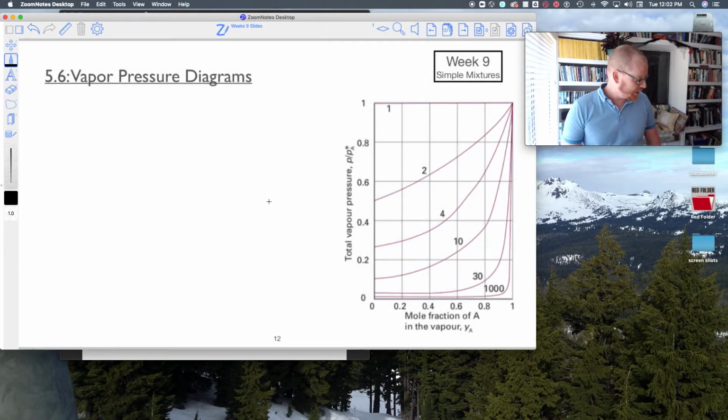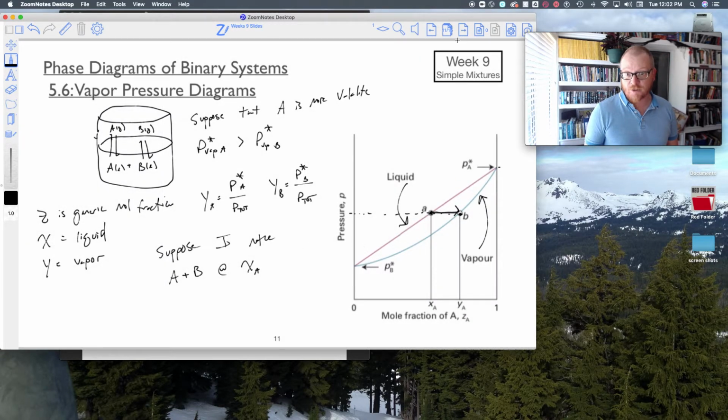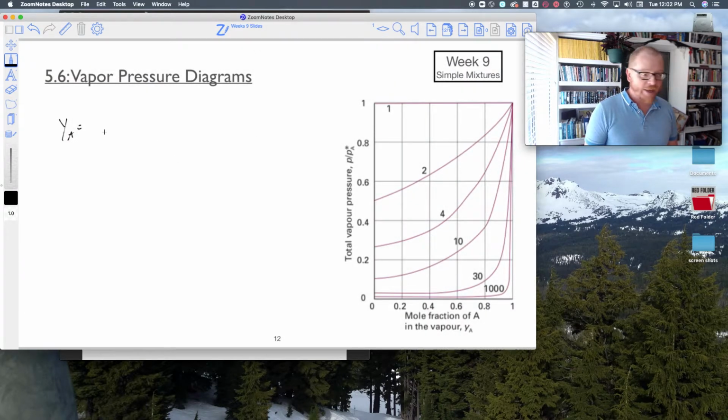And so what we would see here, I'm going to write down an equation. I'm not going to hold you responsible for this derivation or anything like that. But the equation for this blue line right here is the following.